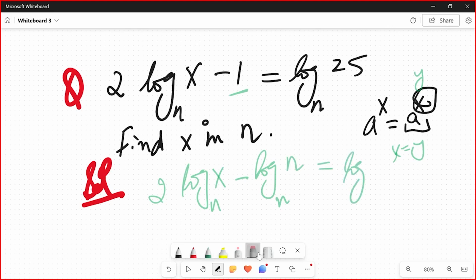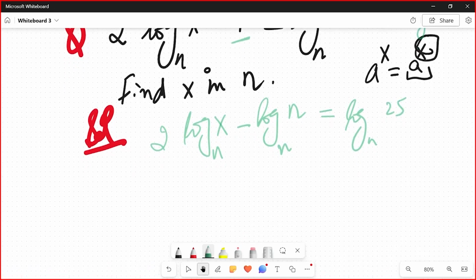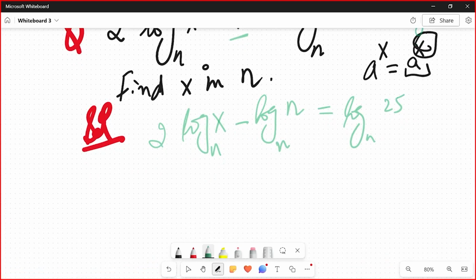Let me just rub this off because it may confuse. And we say log of 25 to the base n. So now we have on the left hand side the equation in log base n, and also on the right hand side. We can write now using the rules.